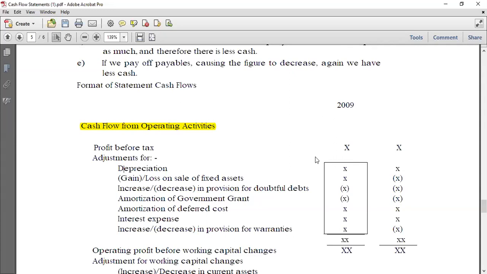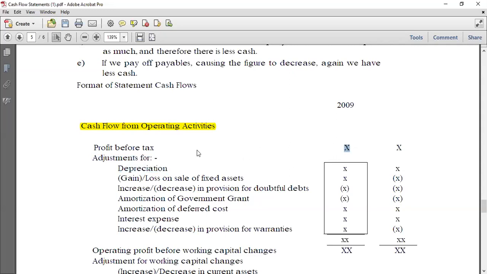So because our profit already has depreciation deducted from it, we have to use the cash flow statement to add it back. Remember, we are trying to make a reconciliation between our profit and what we have in the bank account. So we have to add back the depreciation because remember we subtracted it to come to this profit.